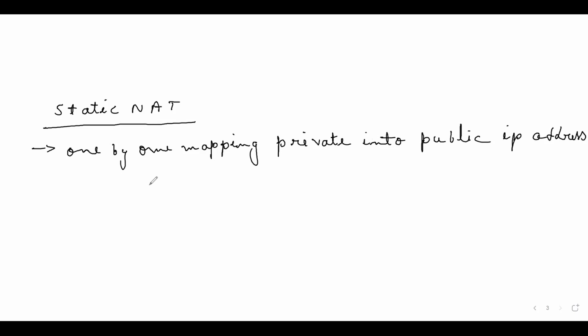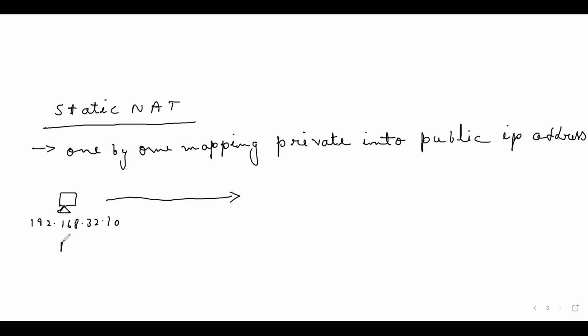So what is private IP? Suppose I have 3 private IPs. This is my PC. PC is a LAN device. It always uses a private IP address because PC is not a kind of device that can use a public IP.